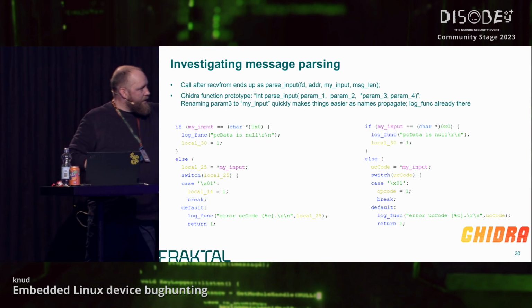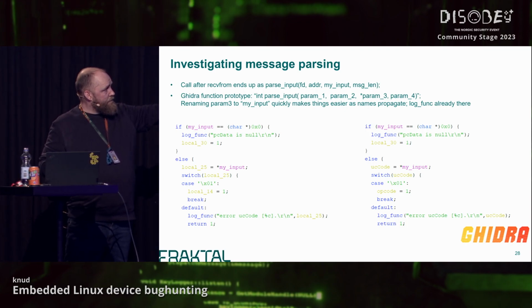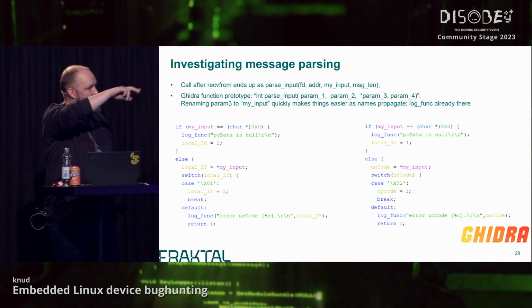Down here where it has the default fall-through, it says error UC code C blah blah blah, and then this local 25 variable, right?